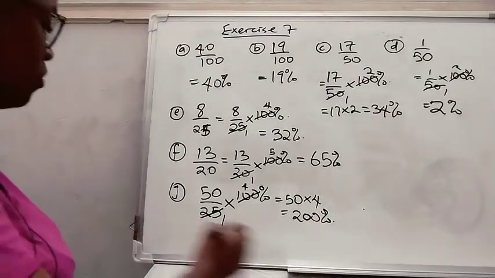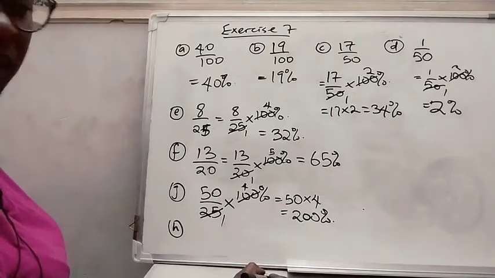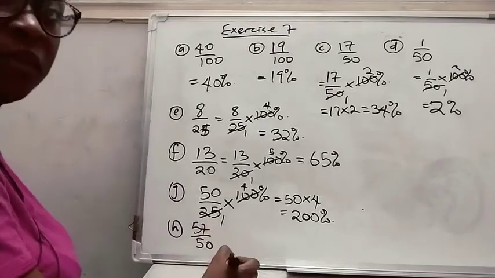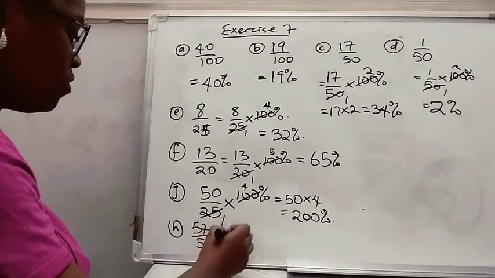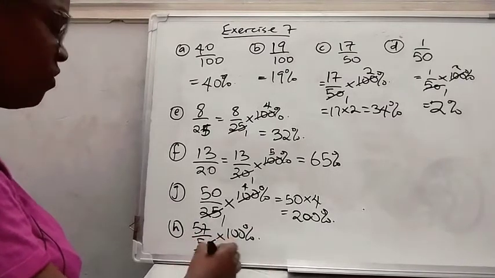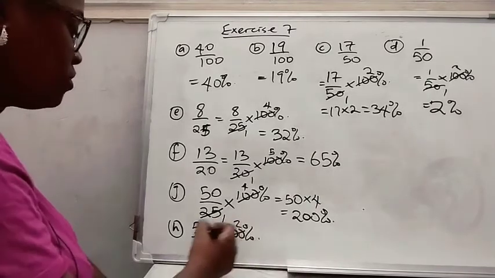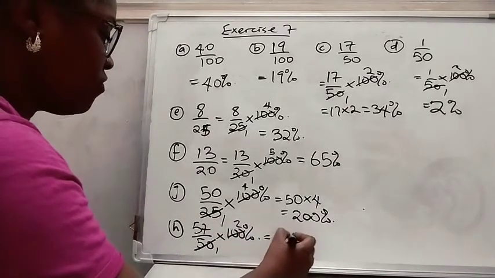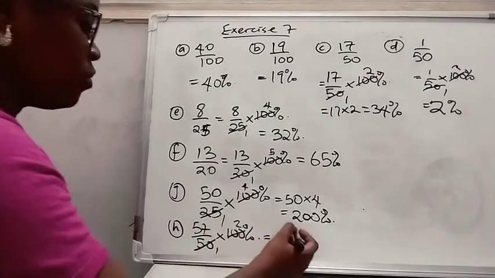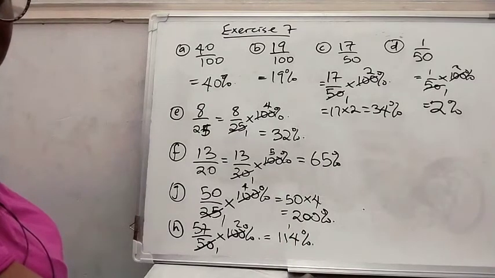Okay? Then we have H. The H part is 57 over 50 times 100%. 50 goes into 50 1 time. 50 goes into 100 2 times. 2 times 7 gives us what? 14, remember 1. 2 times 5 gives us 10 plus 1, 11. 114%.